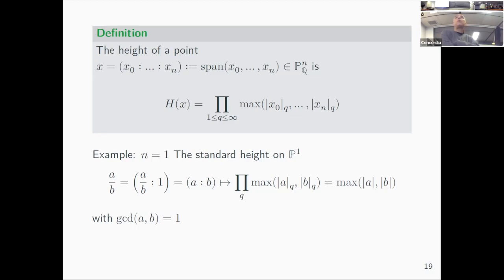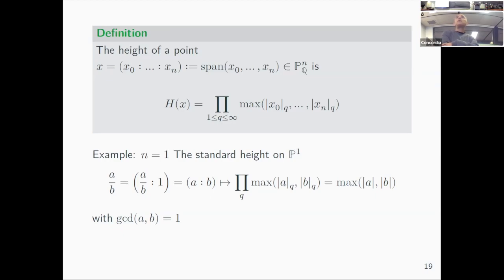So if I stay away from those primes, the absolute value is going to be 1, because when a prime doesn't show up at all, then the absolute value is 1. So the product has only a finite number of non-one values, so it is really a well-defined product.